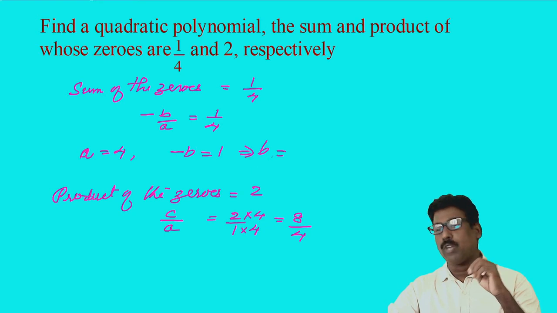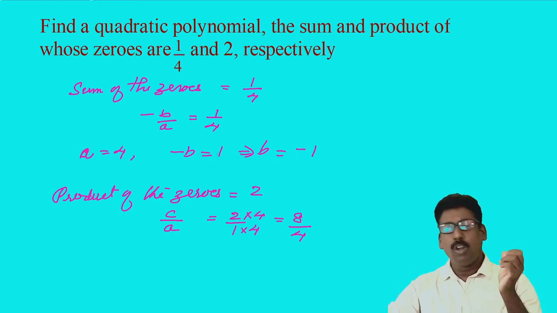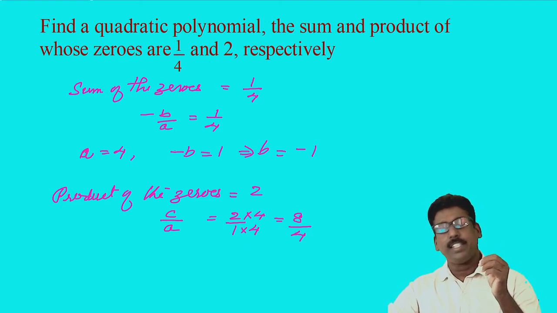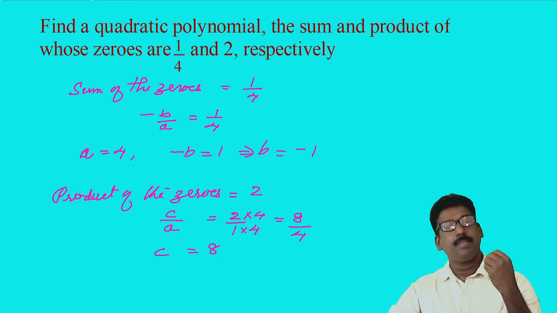You transpose to the other side, it is 1 by negative 1, so it is negative 1. Or to change negative, you multiply both sides by negative 1, you will get b is equal to negative 1. Now here a already 4 you take, here c you will get it as 8.